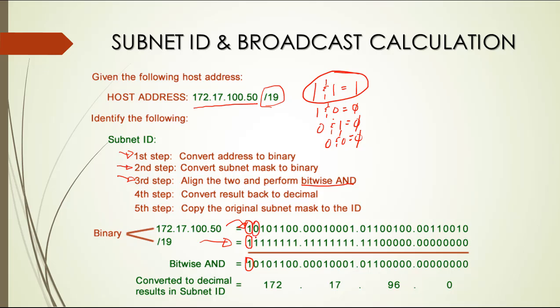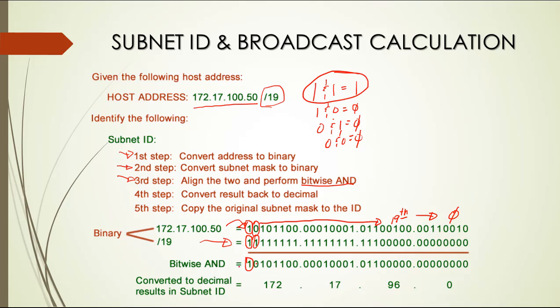The second bit position, a 0 and a 1, a bitwise AND says that that's a 0. And we just continue to do this all the way down the line, at least until we get to the number of bits that are carried in the subnet mask. In this case, it's a 19. So as long as we do it up to the 19th bit, we'll be good. Everything beyond the 19th bit is going to be a 0.